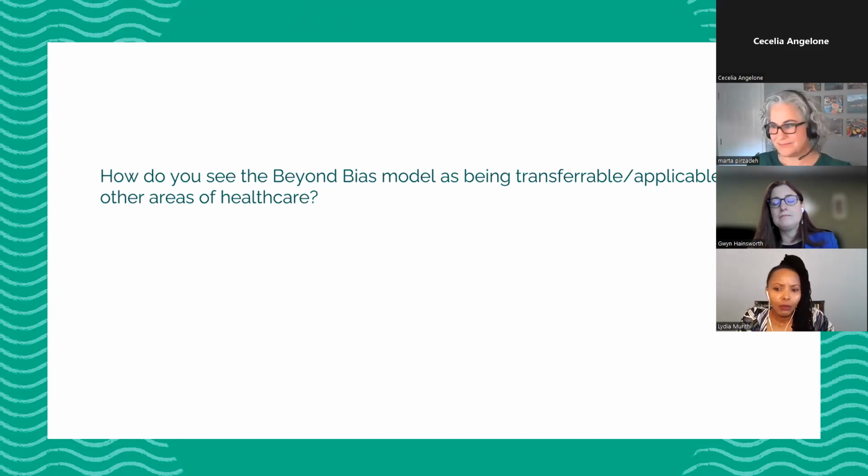Yeah, absolutely. And that's an excellent question. So the Beyond Bias model can certainly be adopted to address other forms of biases outside of the family planning sphere. For example, the model could be used to address service provider biases in MCH, maternal and child health, or to improve quality of care in other stigmatized health conditions, such as service to HIV and AIDS patients, or even to improve the quality of care for marginalized communities such as LGBTQ.